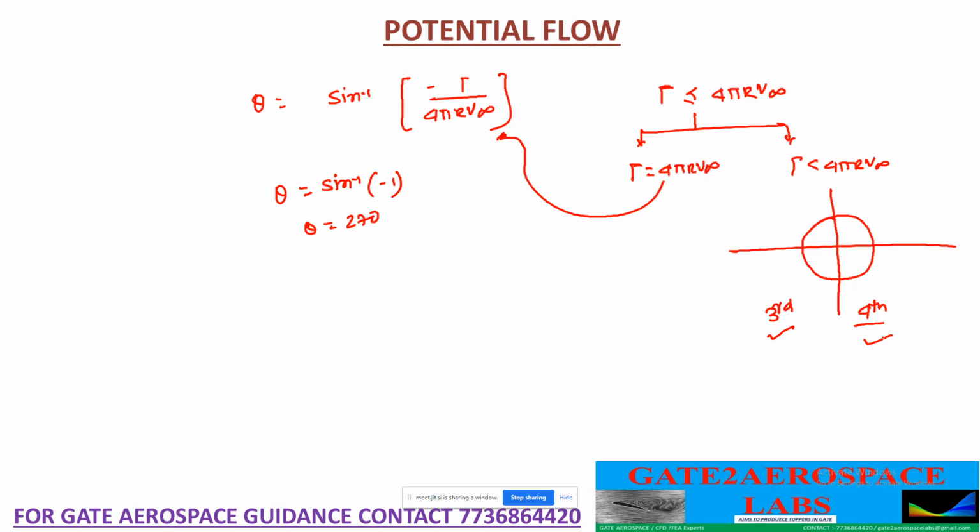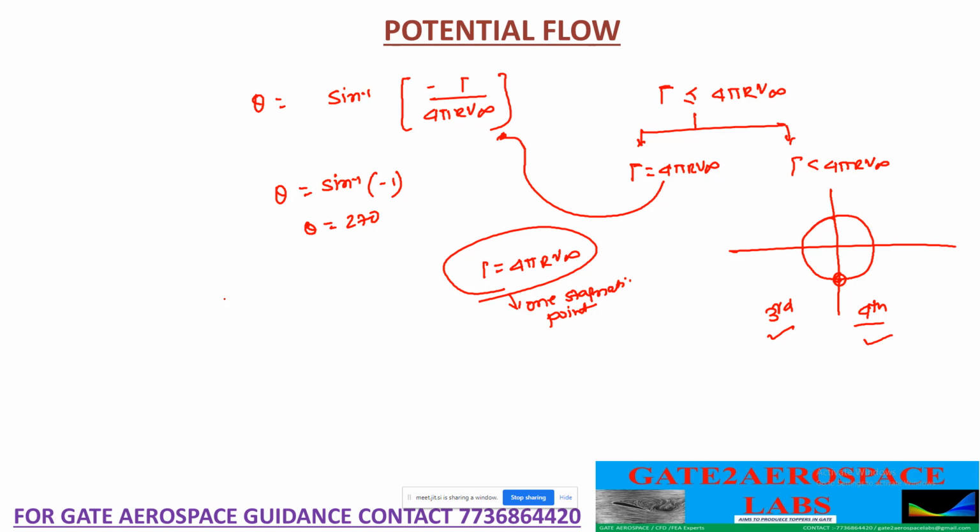Correct? So, to have a single stagnation point, the strength of vortex tau should be equal to 4 pi r V infinity. In this case, you will have one stagnation point only, at theta equal to 270.